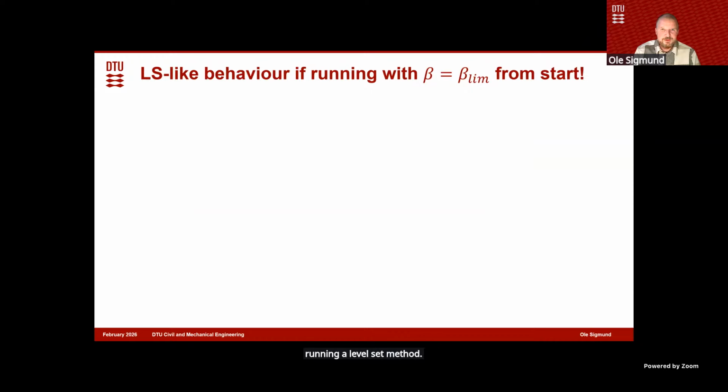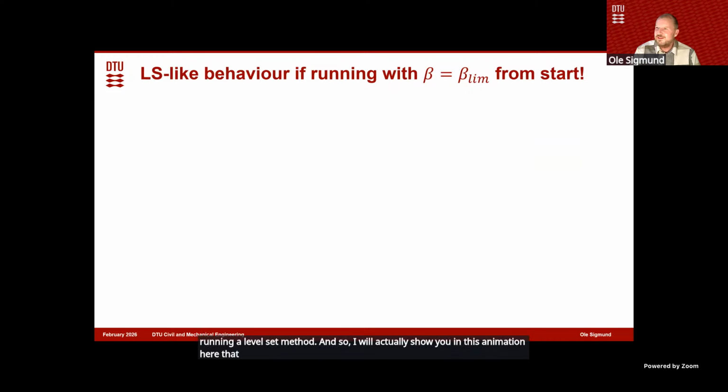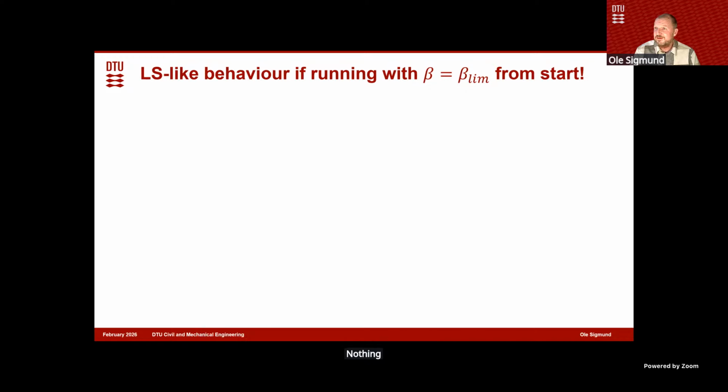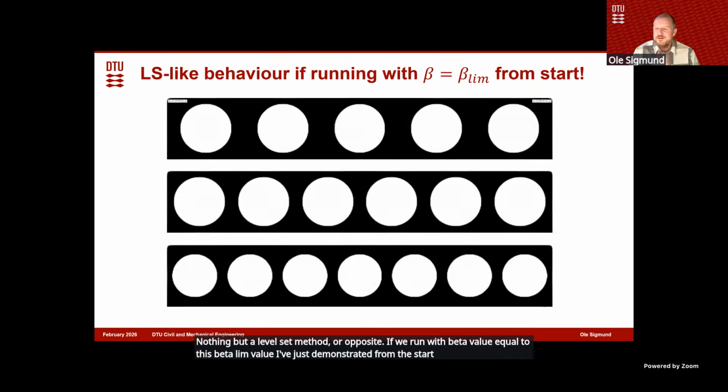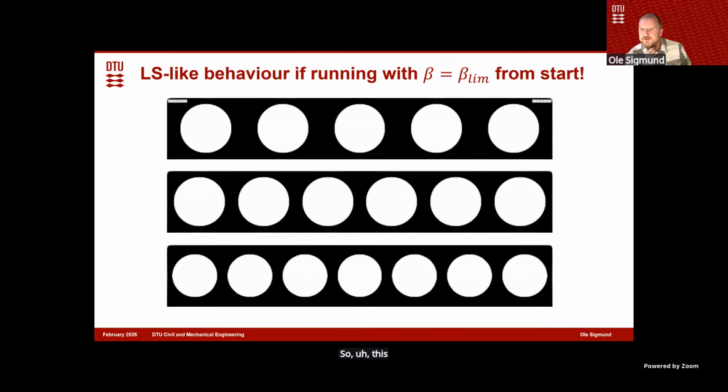And so I will show you in this animation here that the density approach is nothing but a level set method, or the opposite, if we run with a beta value equal to this beta lim value I've just demonstrated from the start. So this here shows 3 initial guesses for the MBB, with 5, 6, or 7 initial holes.